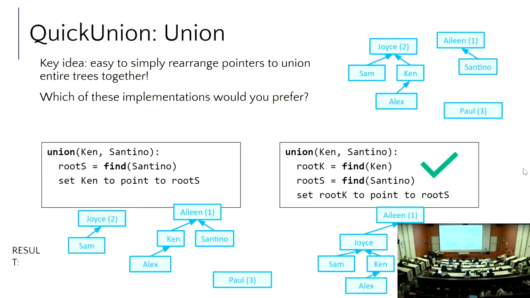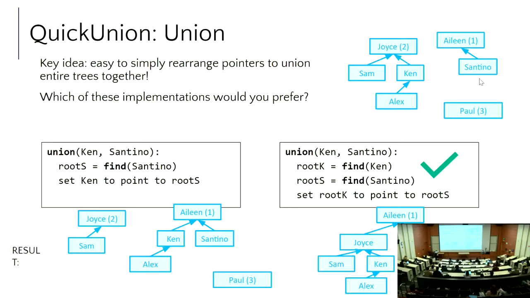So this is the correct way to do it, where we actually need to call find set on both of the individual items. Then we set the pointer of one of those sets to point to the overall root of the other set. Originally we had Eileen, because what were we trying to do? We were trying to do Ken and Santino. So we would do find set of Ken and find Ken's and Joyce's set.